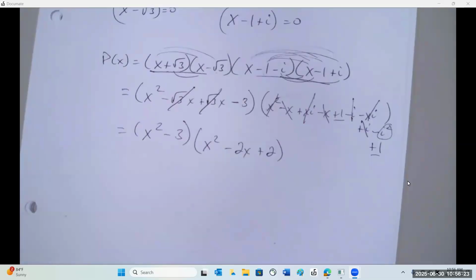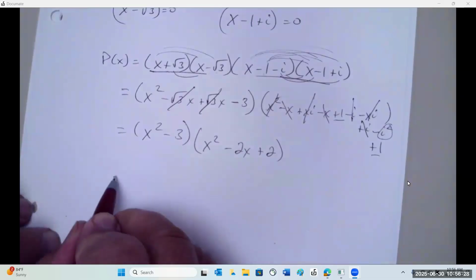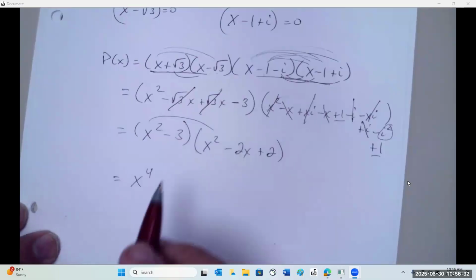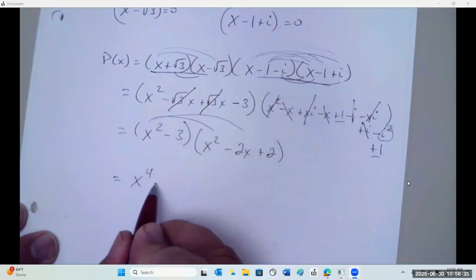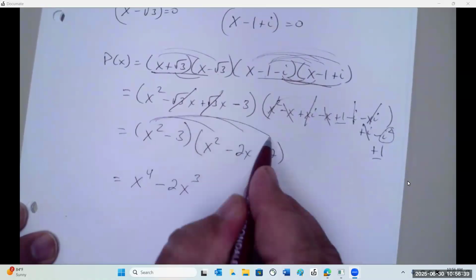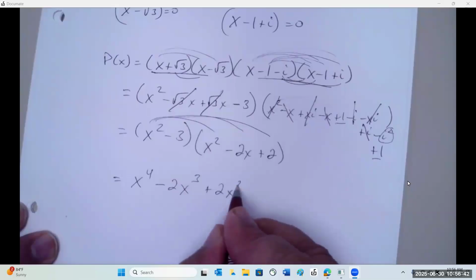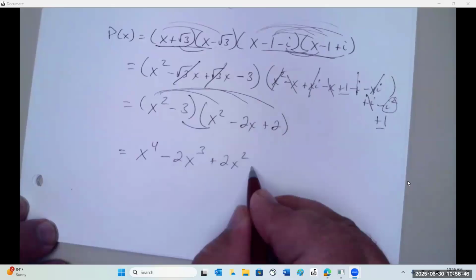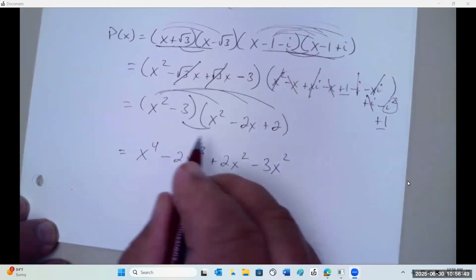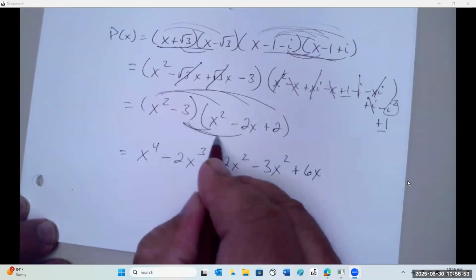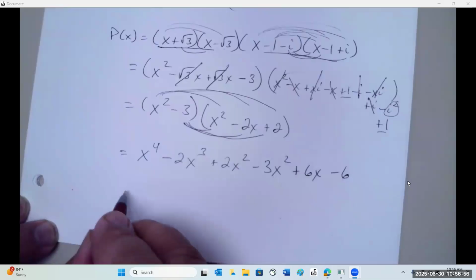Again, if you're just watching, that's great, as long as you understand what's going on. X squared times x squared is x to the 4th. X squared times negative 2x is negative 2x cubed. Positive 2x squared, negative 3x squared, positive 6x, negative 6.